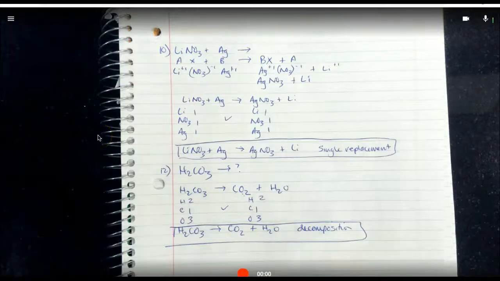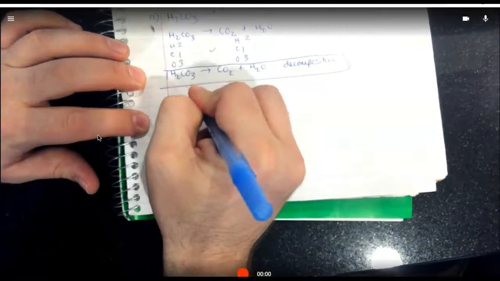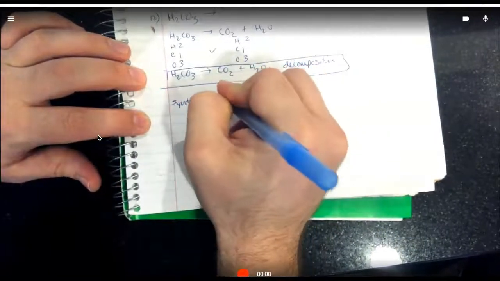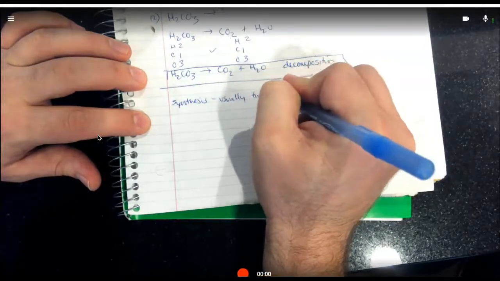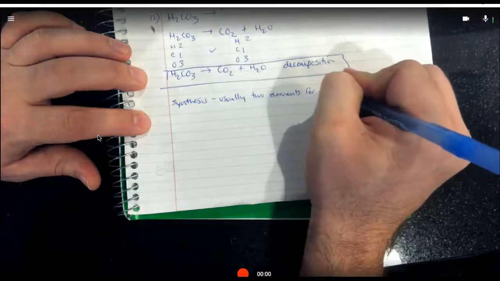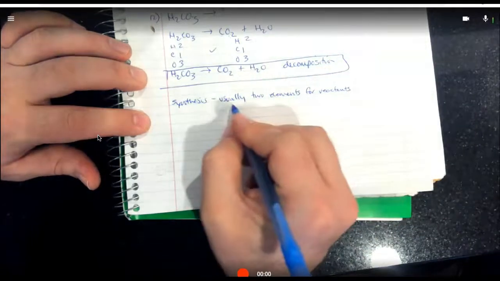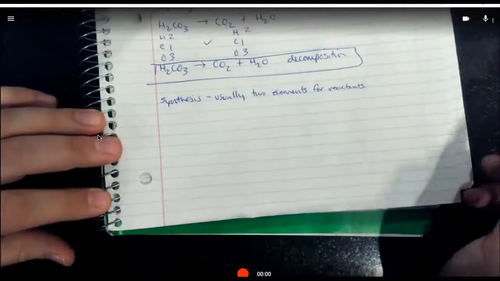So let's write that down. Synthesis, usually two elements for the reactants. Usually, not always. Sometimes you can combine, but for this class, it's usually going to be two elements for the reactants.